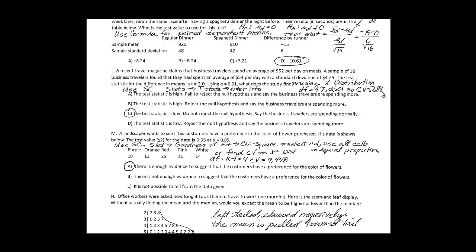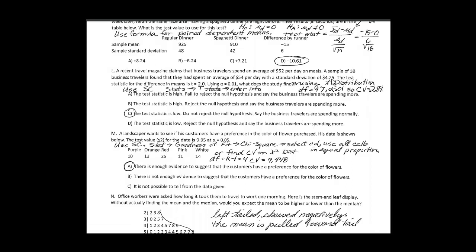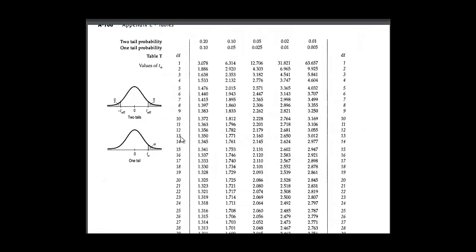I can do that here. I totally forgot what my sample size was, 18. Okay, so 18, and so our degrees of freedom was 17, and we're going to go over here to 0.01, which would be 2.898. So that is our critical value.